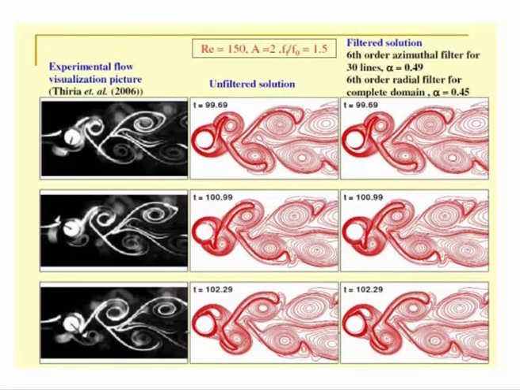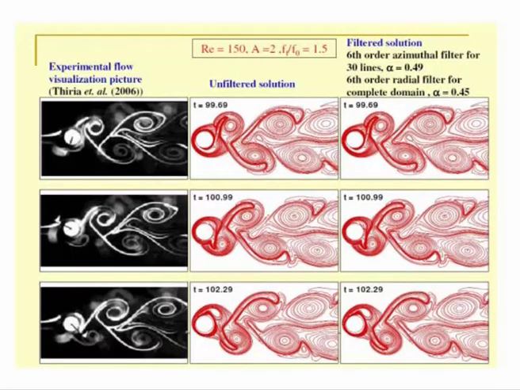This is an experiment done in France, published in JFM in 2006. Nice experimental visualization pictures. This is the cylinder performing rotary oscillation, and you see nice vortical structures. These are not like your Karman vortex trains. So, that is what you can see very clearly.